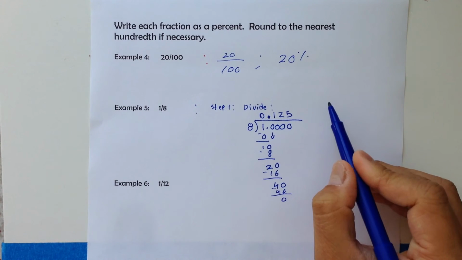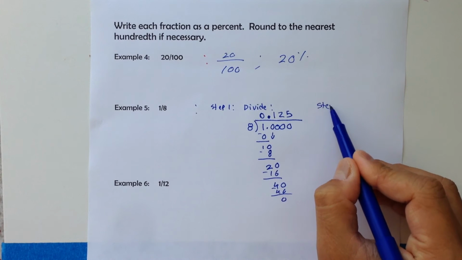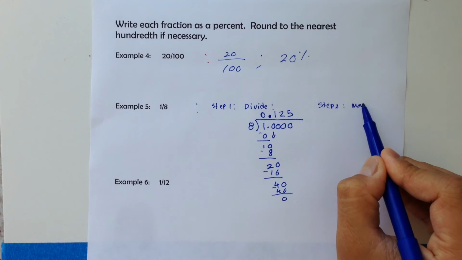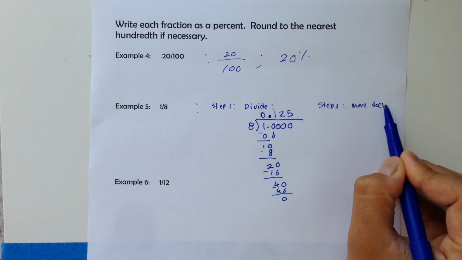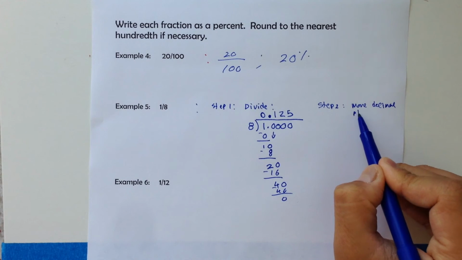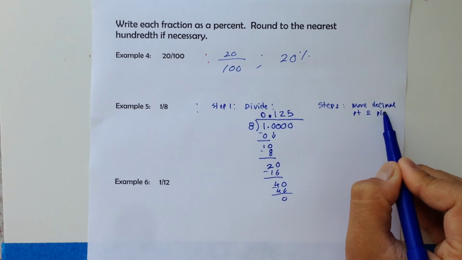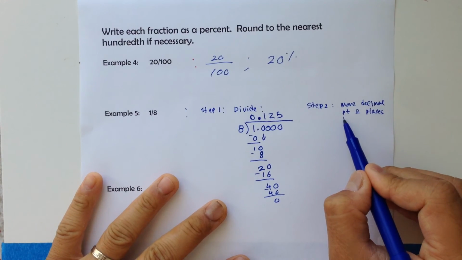And then step 2, to go from a decimal to percent, move the decimal point two places to the right.